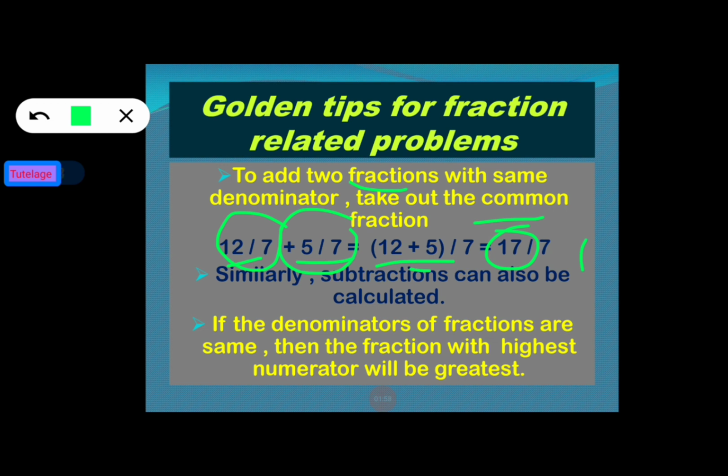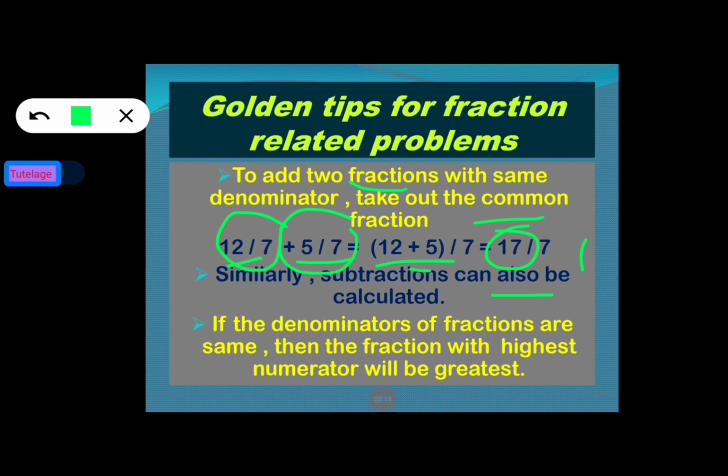So 17 by 7 is the new fraction. After adding 12 by 7 and 5 by 7, you will get the new fraction 17 by 7. Similarly, subtraction can also be calculated in the same process.